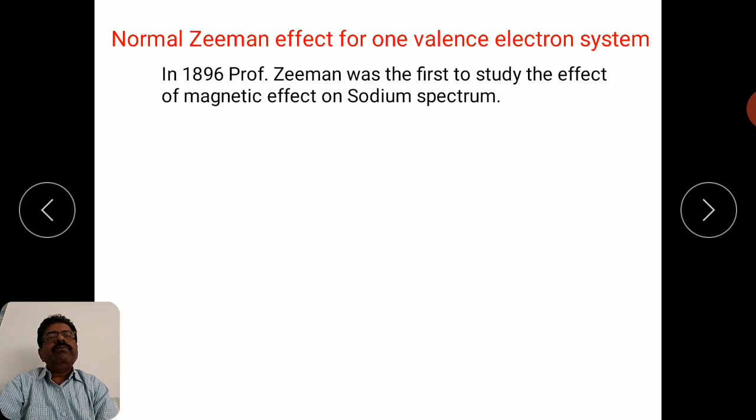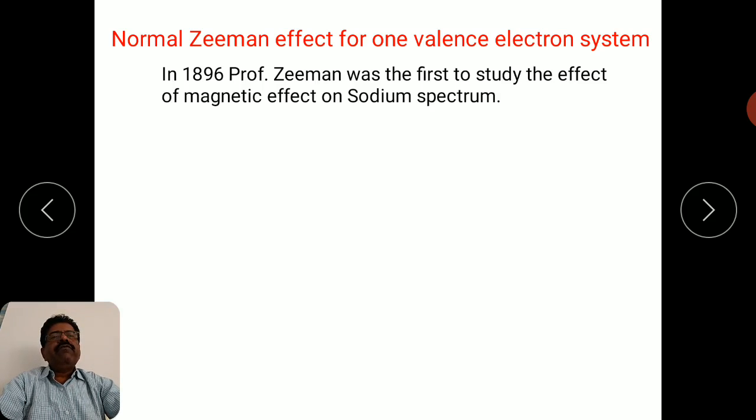You know that sodium is an example of a one valence electron system. It has atomic number 11 and it has one valency. So the last, unpaired electron is responsible for producing the spectra of sodium.